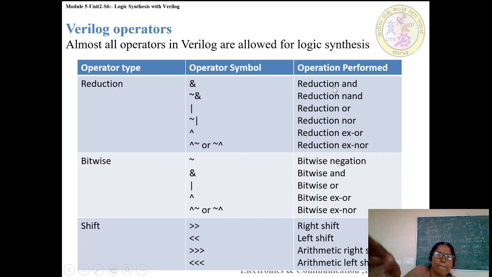It is reduction AND, reduction NAND, reduction OR, reduction NOR, reduction XOR, reduction XNOR. The same operators can be used for the bitwise operation also: negation, bitwise AND, bitwise OR, bitwise XOR, bitwise XNOR operator.